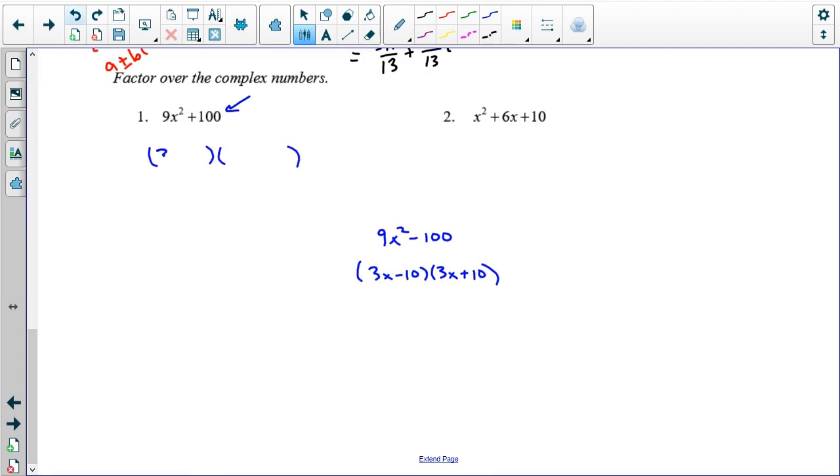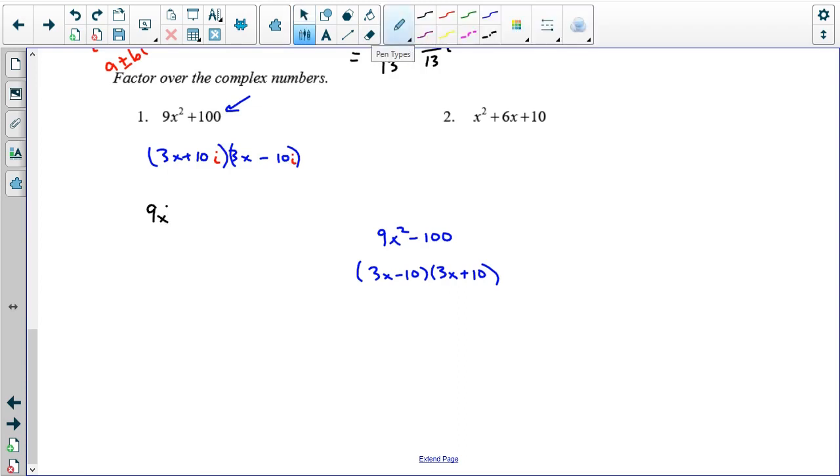So in this problem, I can put 3x and 3x, 10 and 10, plus and minus, except I'm missing something. So if I give myself a little bit more space here, and I put in i's, now what would happen if I distributed this out?